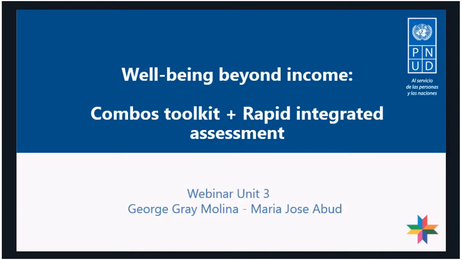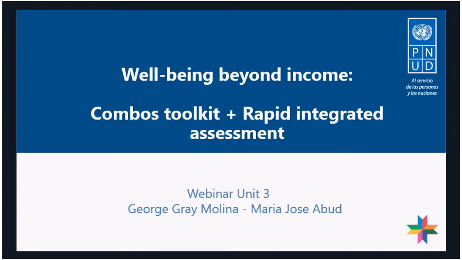So let's get started. What we'll be doing in this presentation is focus first on the idea of the combo approach, the importance, and why we think that it's an upgrade with respect to the gap-by-gap approach that we used to implement in the United Nations system and also at the UNDP. And second, we'll take a look at some of the steps of the cluster or combos approach.